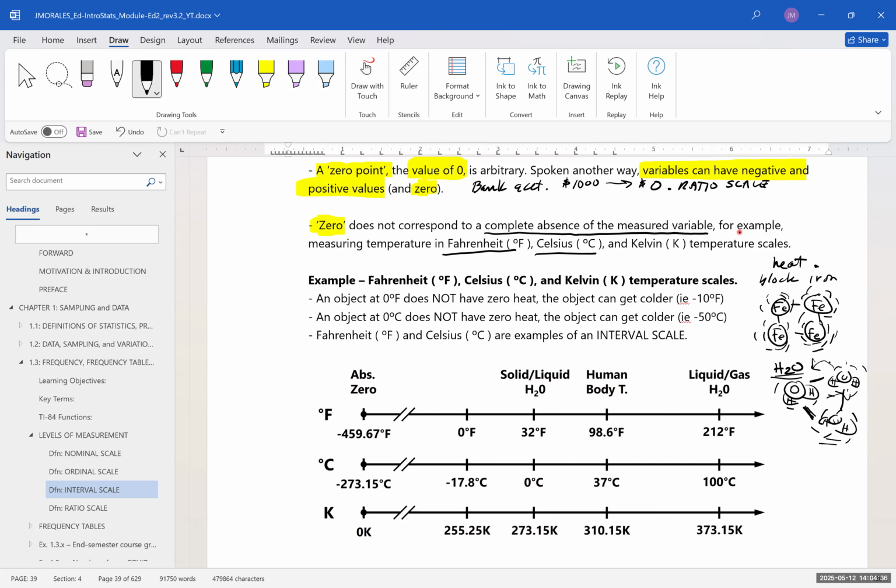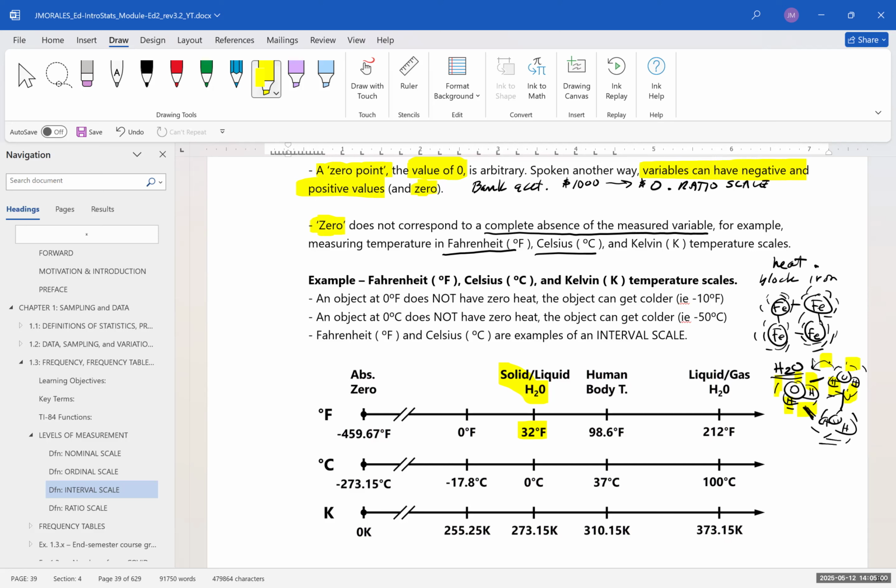So when you take water as a solid at 32 degrees Fahrenheit, even though it looks like a solid block of ice, the water molecules are still vibrating in their places. They still have some thermal energy in them.